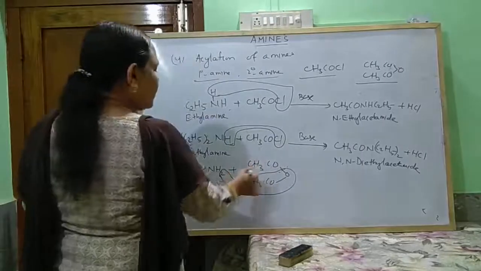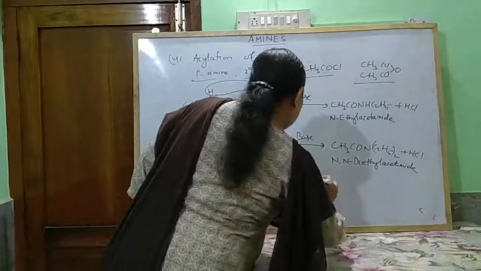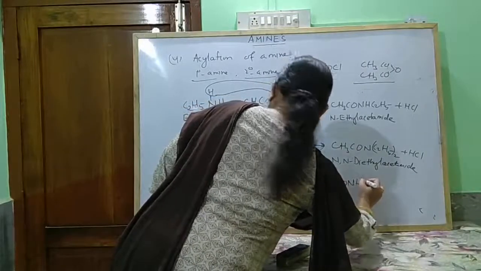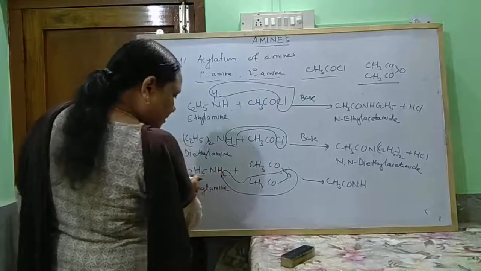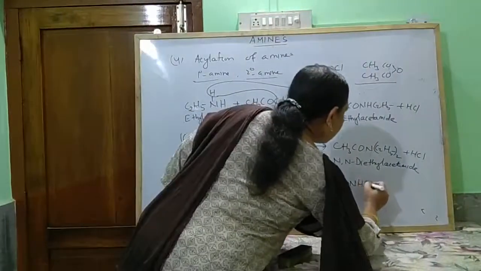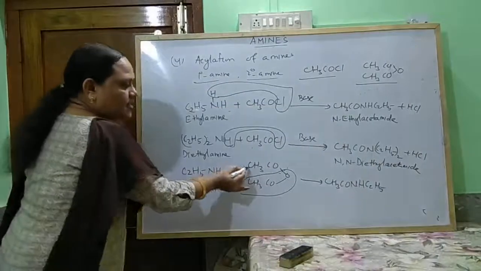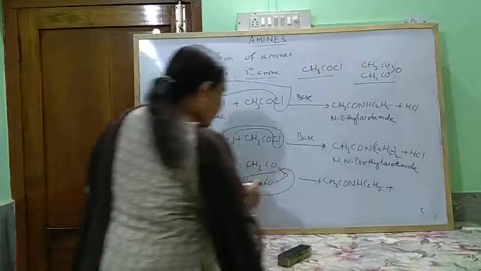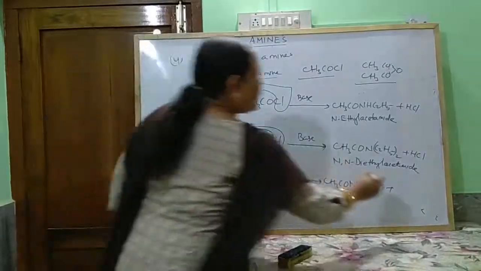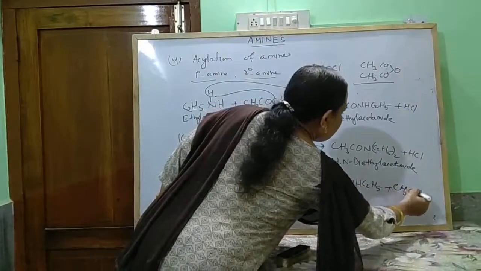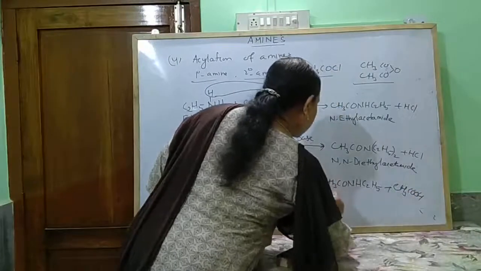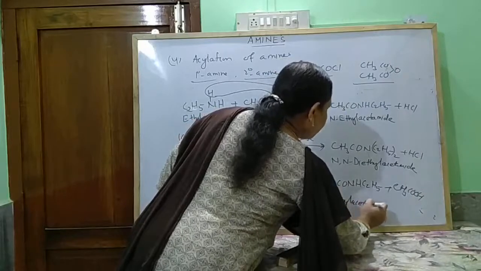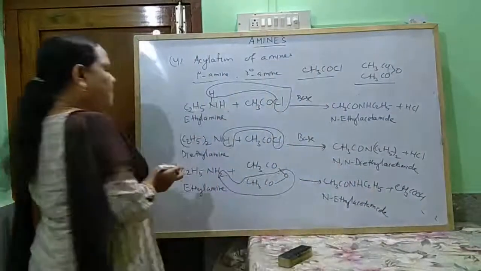This part gives an acid and this part gives CH3CONHC2H5 plus CH3COOH. This is N-ethylacetamide. This is with ethylamine.